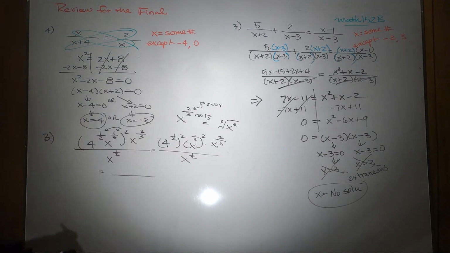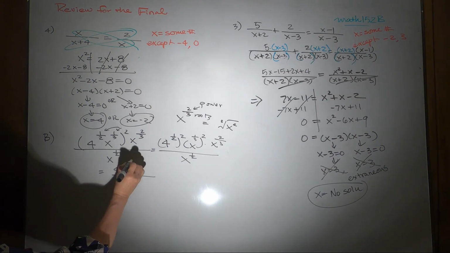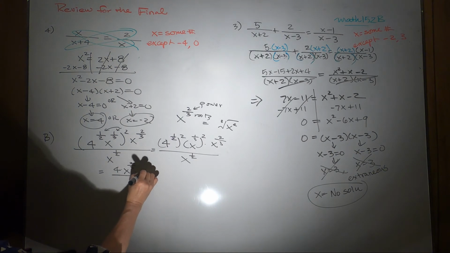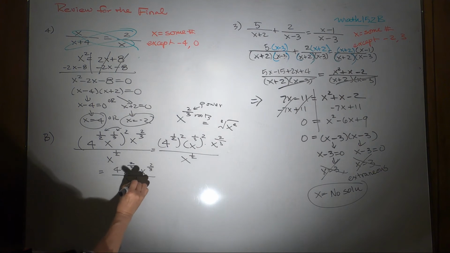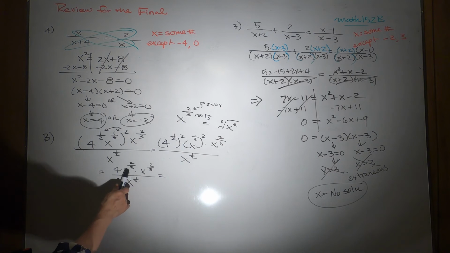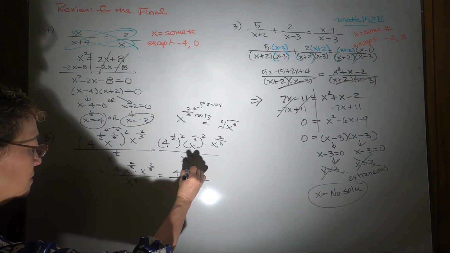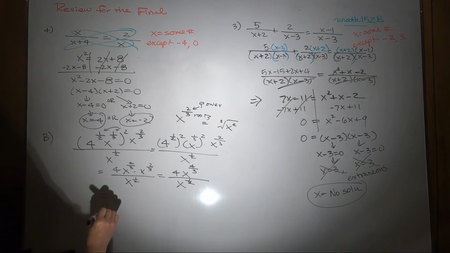Then 1/2 times 2 is 1, so that would be 4. Then x to the 1/3 times 2 is 2/3. That's another 2/3 here, and x to the half, right? Then when they multiply together, what do we do? We add our powers. That would be 4/3. Then divided by x to the half, right?